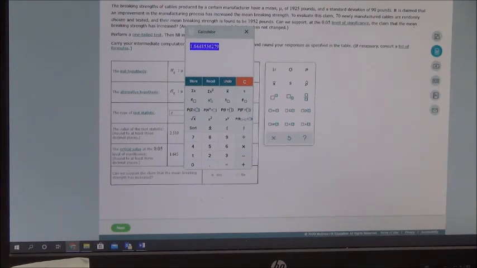Perform a one-tailed test. We are going to perform a one-tailed test because we want to see if it has increased. So is the mean greater than the 1,925 pounds given in my problem? So I'm going to slide this over here.